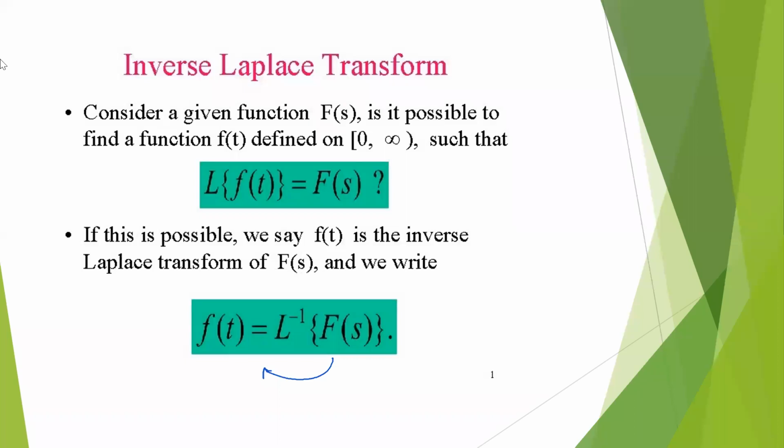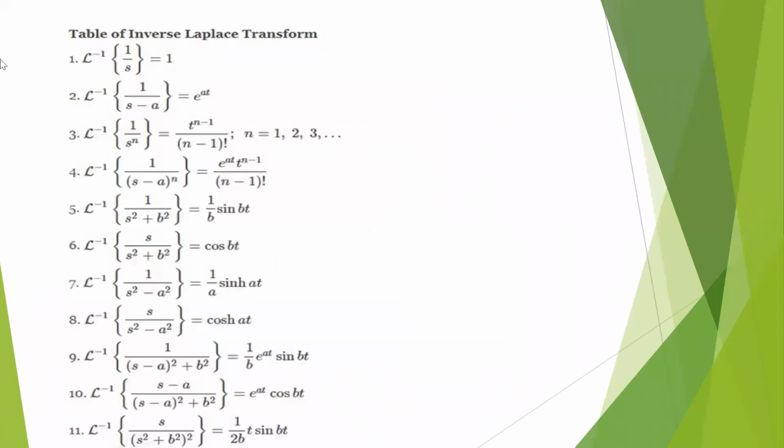As we have learned, the Laplace transform of 1 is 1 by s and the Laplace transformation of e power at is 1 by s minus a. Now here it's the reciprocal: the inverse Laplace transformation of 1 by s is 1, and the inverse Laplace transformation of 1 by s minus a is e power at. Whichever function we applied Laplace to, we got some f bar of s.